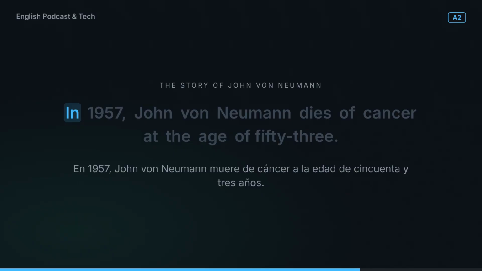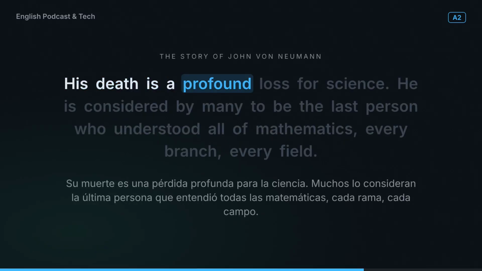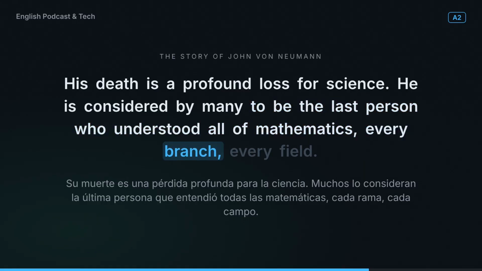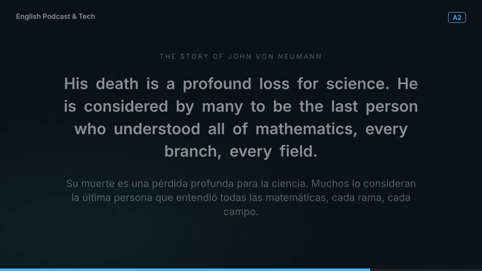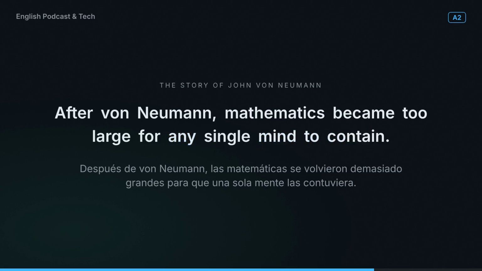In 1957, John von Neumann dies of cancer at the age of 53. His death is a profound loss for science. He is considered by many to be the last person who understood all of mathematics, every branch, every field. After von Neumann, mathematics became too large for any single mind to contain.